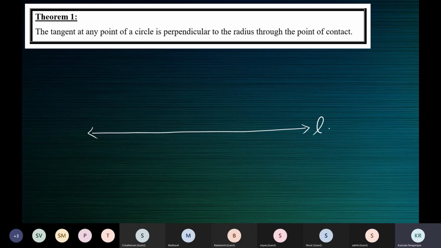Consider a line L. Now, supposing there is a point O, and just say that there's a point A here, B here, C here, D here.